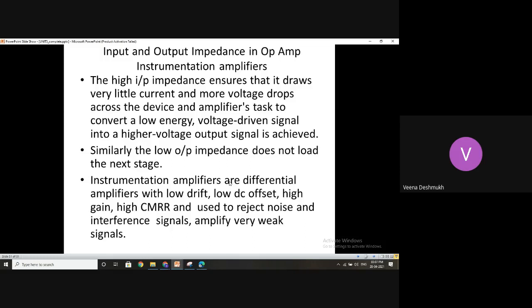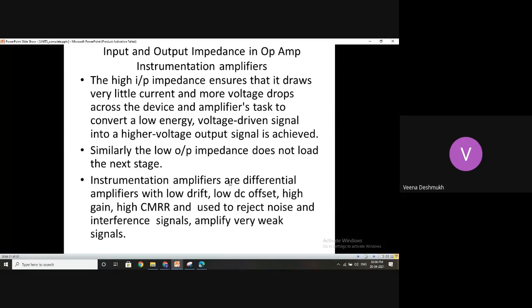So first thing, as we all know, the high input impedance ensures that it draws very little current from the circuit, so that all the voltage which is available at the previous circuit end is made available across this particular op-amp device or the amplifier device. When most of the voltage is made to drop across the device, there is every possibility that these op-amps amplify the voltage signals.